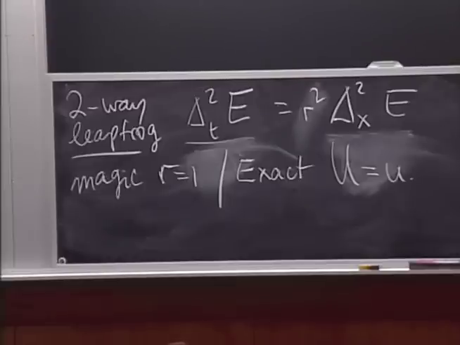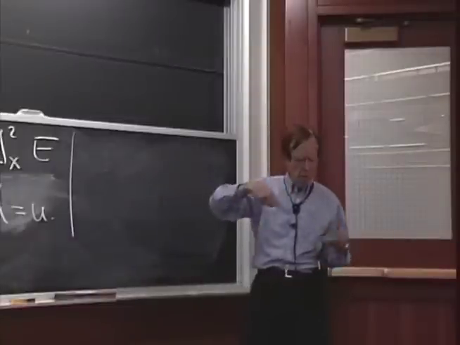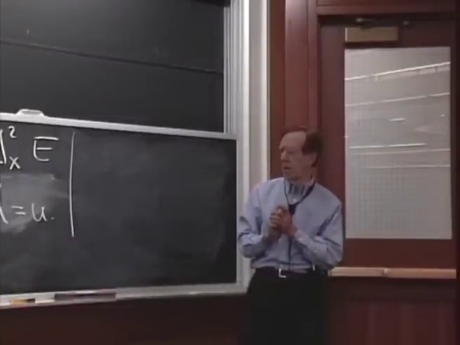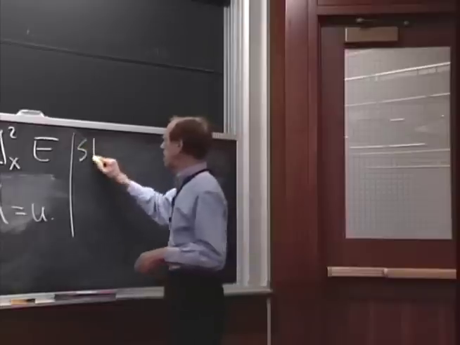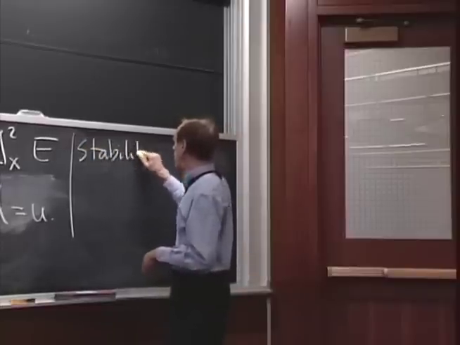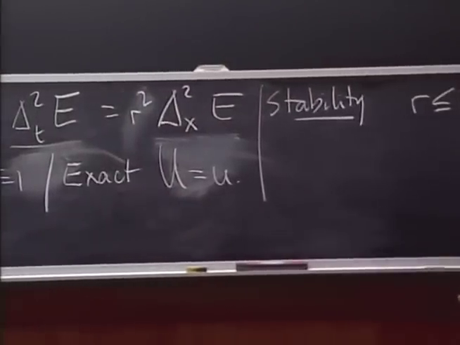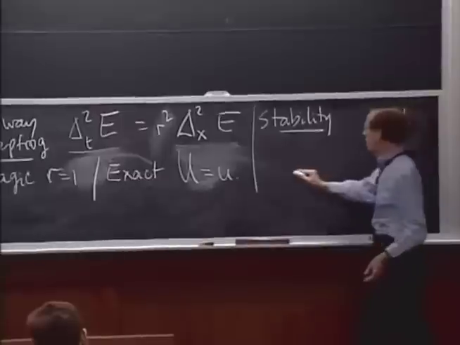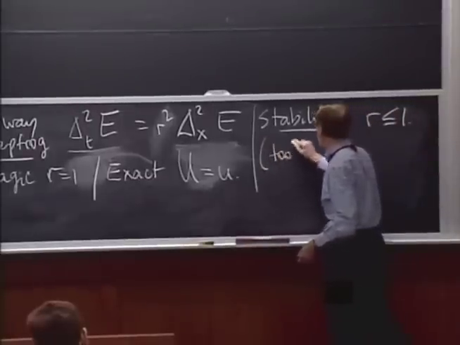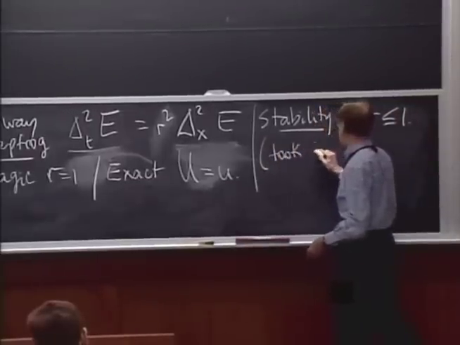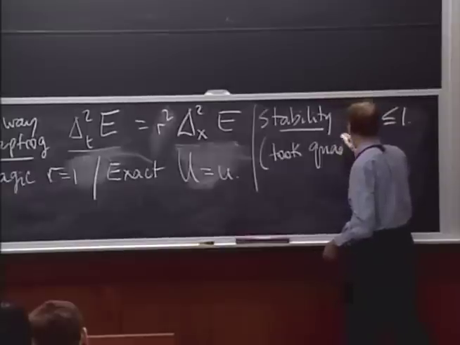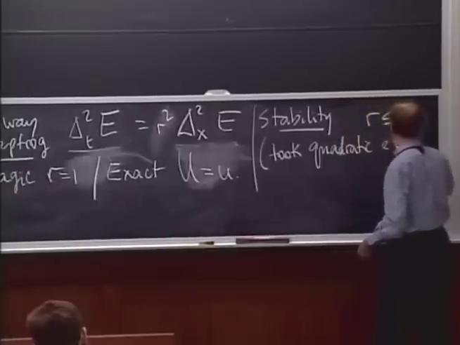So that's leapfrog. Can I summarize leapfrog? Leapfrog worked for second order equations. It led us to the same stability condition, that r had to be less or equal 1, but it took a quadratic equation for g.